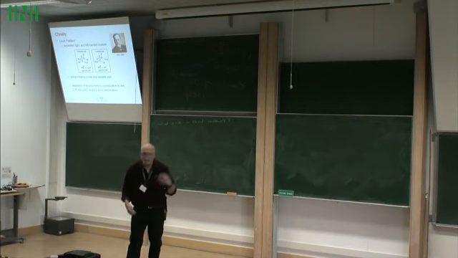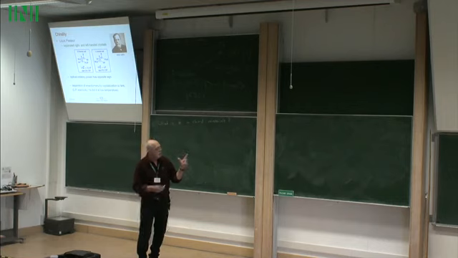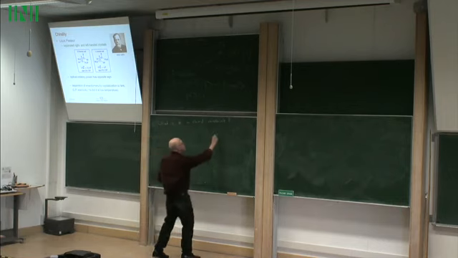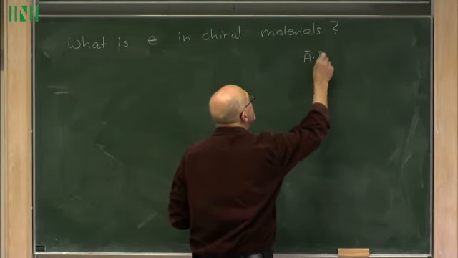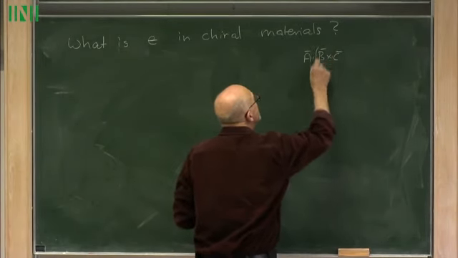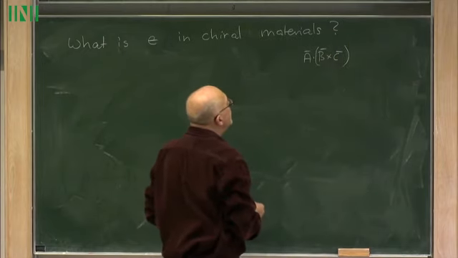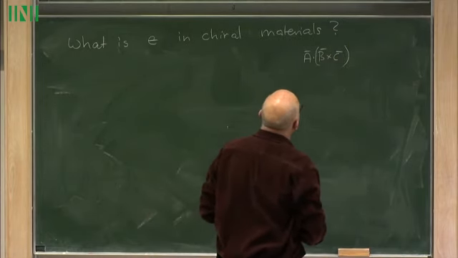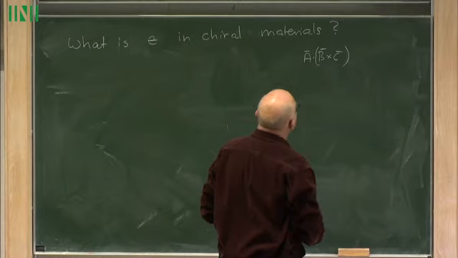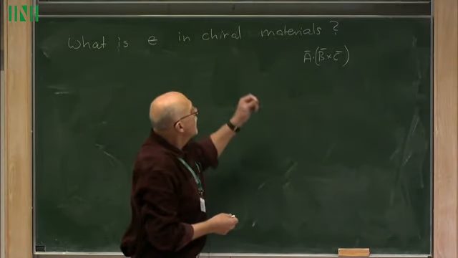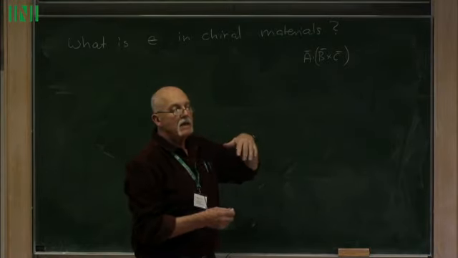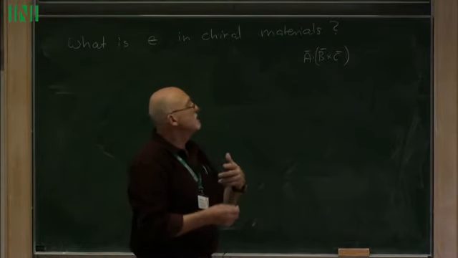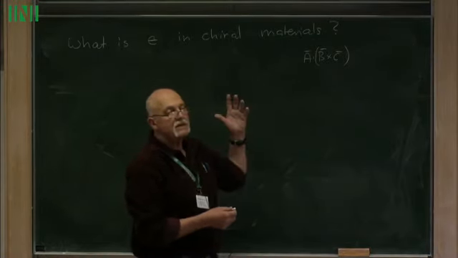If you have a handed object, like my hand, you can make three orthogonal vectors, and from these three orthogonal vectors, A dot B cross C, we can make a scalar that has the property that if you invert your coordinate system, the scalar will change sign.